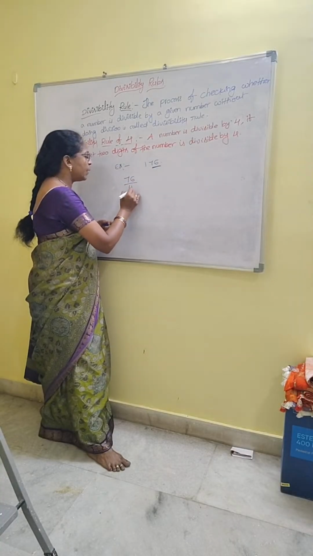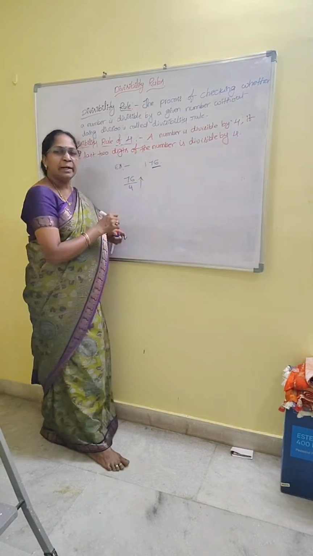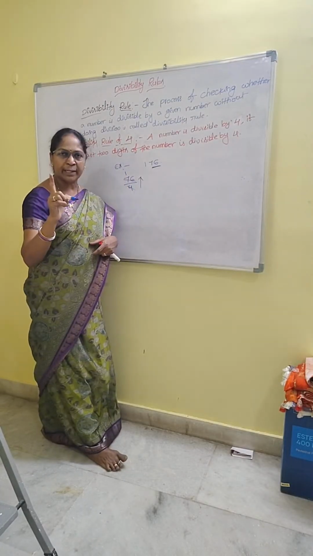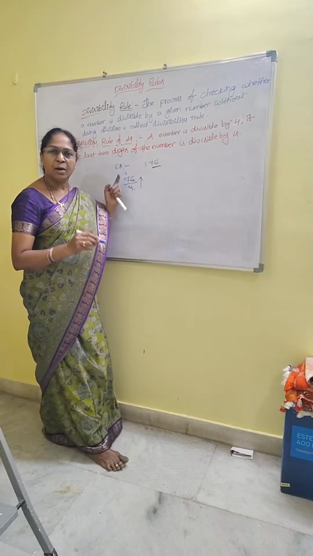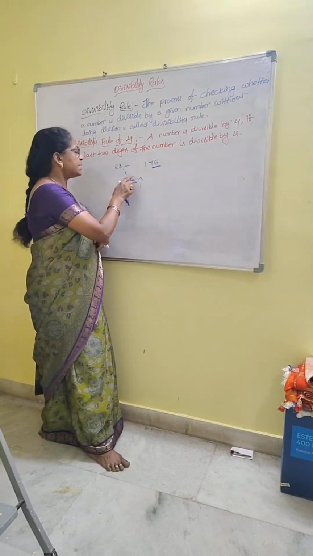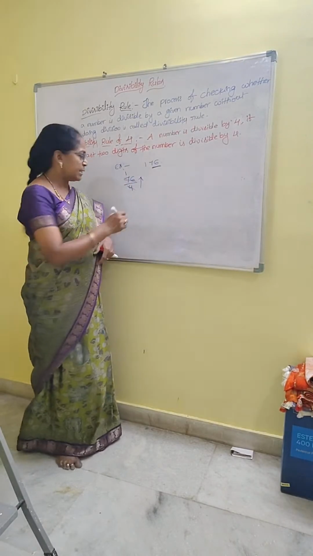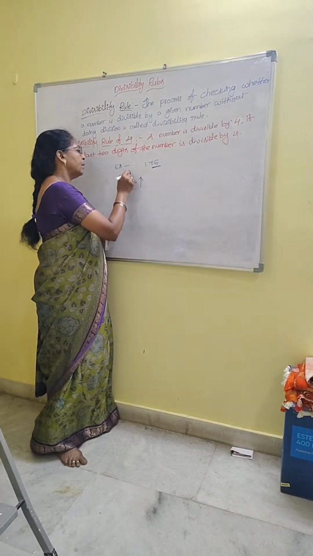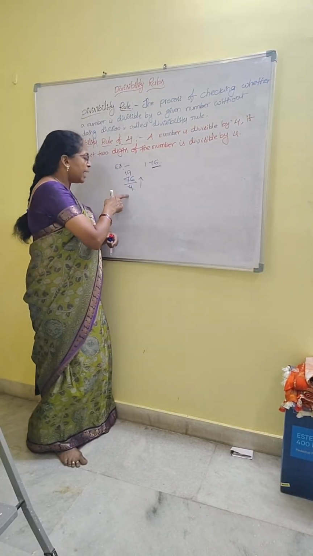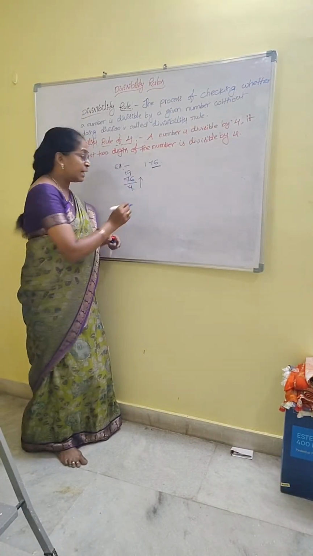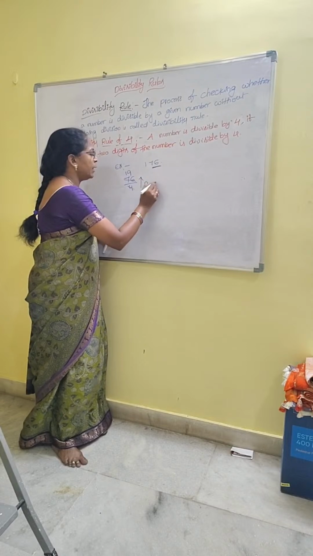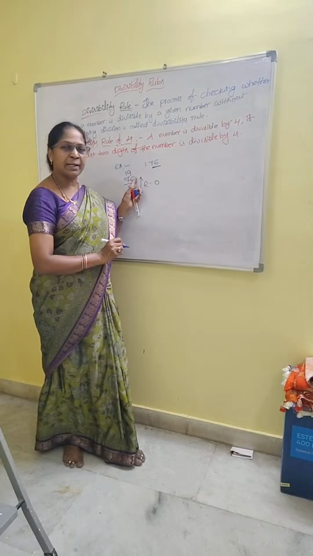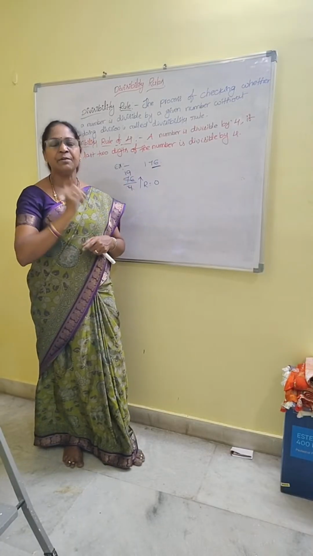So just check 76 divided by 4. 4 goes in 7 one time, 4 ones are 4, balance is 3. Then 36; in 36, 4 goes 9 times. So the quotient is 19, and 19 times 4 is 76. How much remainder are we getting? Remainder equals 0. That means this number is exactly divisible by 4.